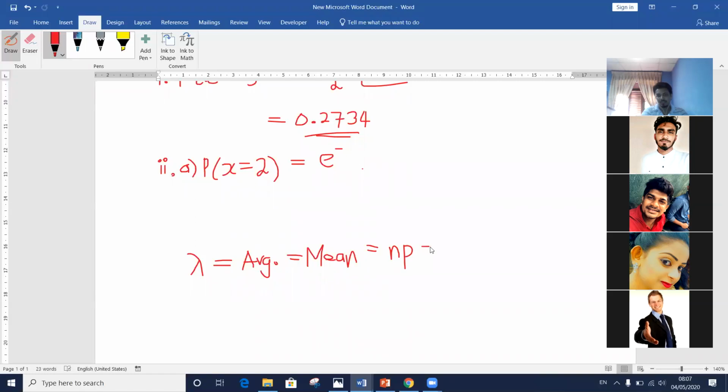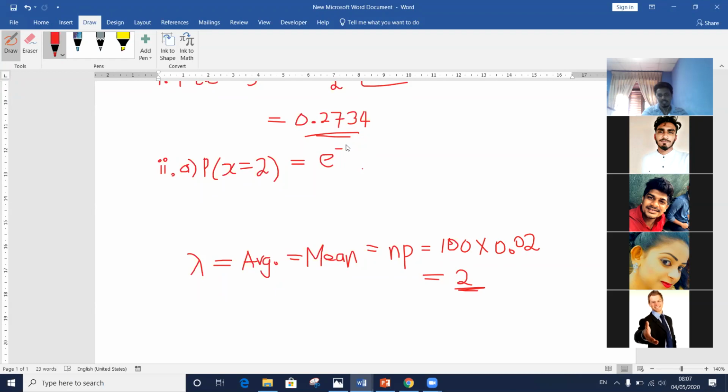Right? So the value of n is 100. This we need to multiply by the value of p. The value of p is 0.02, the probability of success in a single trial. It means our lambda value should be 2.